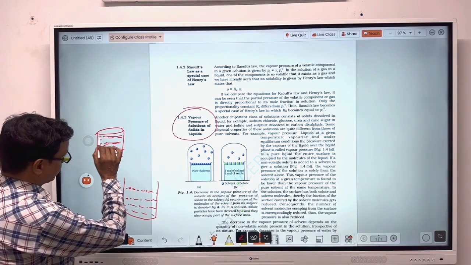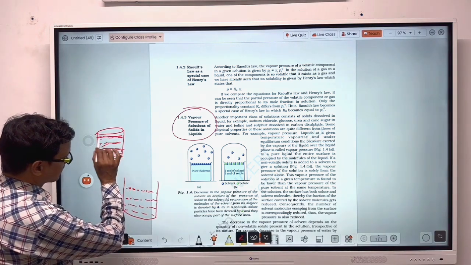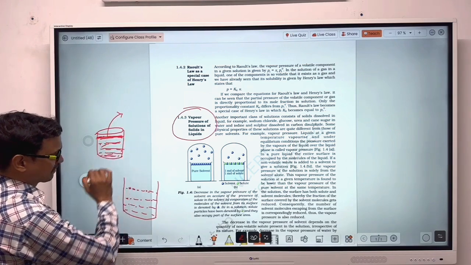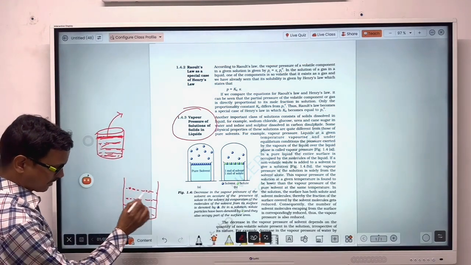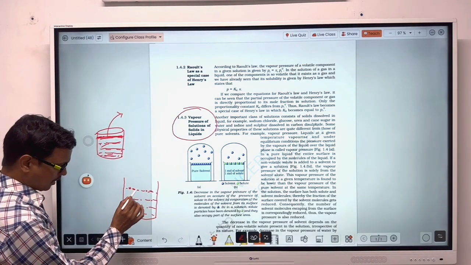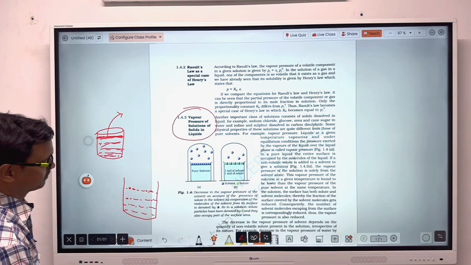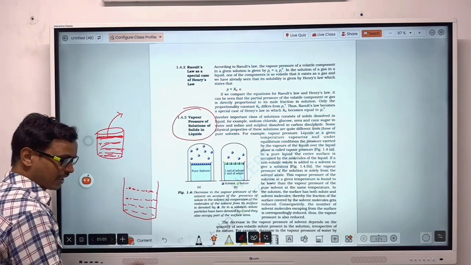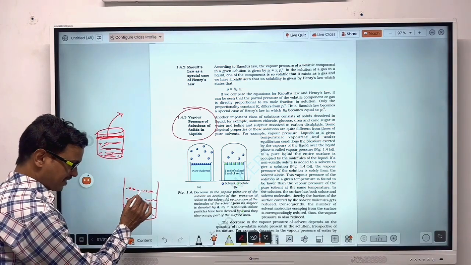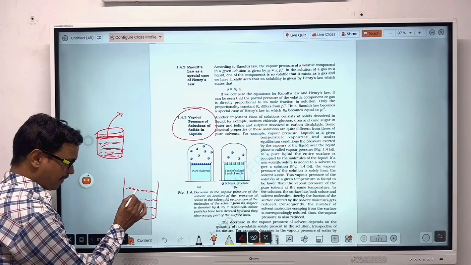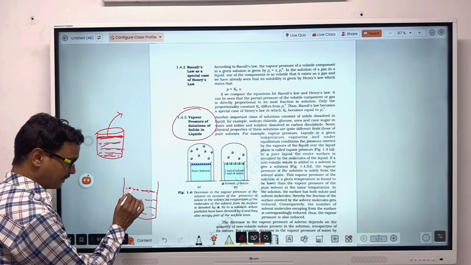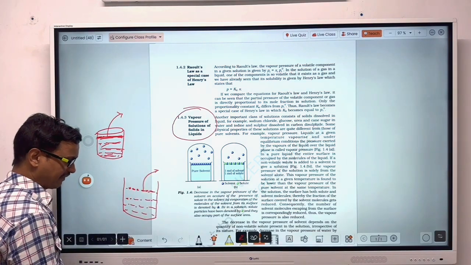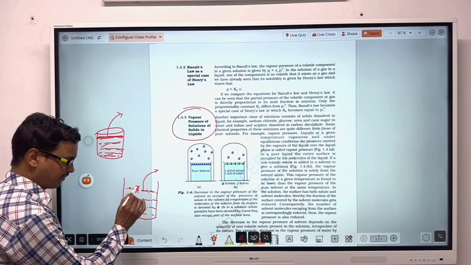In the pure liquid, there are particles of only the liquid, which can undergo the vapor phase. And here you have dissolved a solid in a liquid. So at the surface there will be some particles of solid and some particles of liquid, of which the liquid will undergo the vapor phase, but the solid will not.